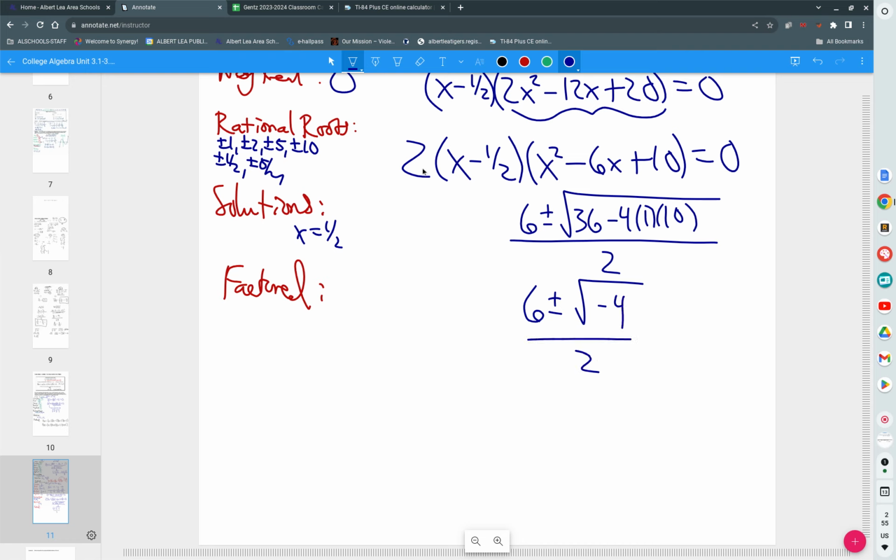What is the square root of -4? 2i. So I get 6 plus or minus 2i all over 2. 6, 2, and 2 are all divisible by 2. So I have 3 plus or minus i.